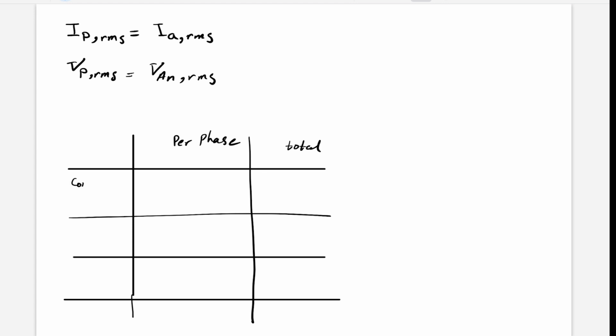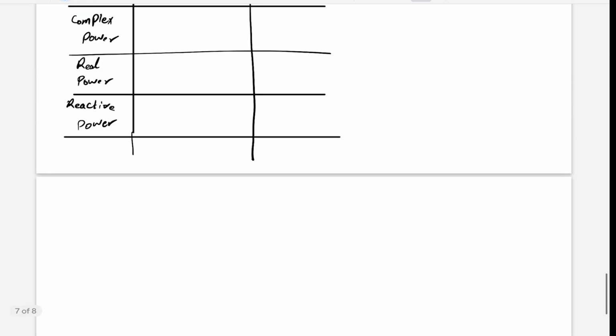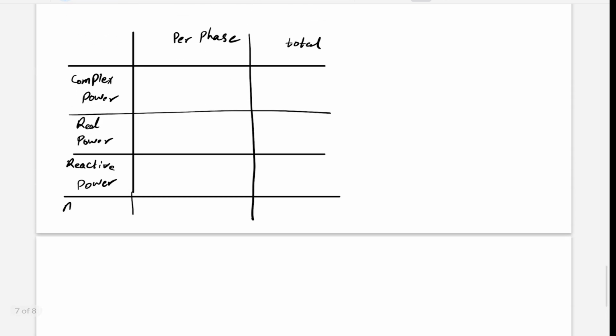This is complex power. This is real power or average power. This is reactive power. Or let me write it like this. Reactive power. And we also had apparent power.